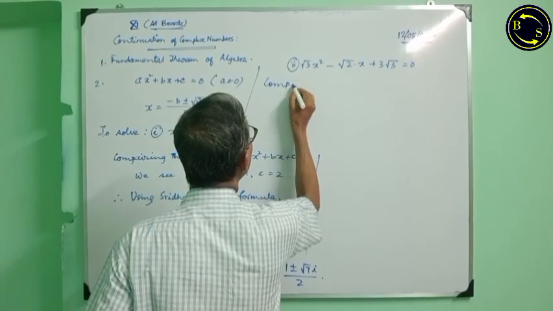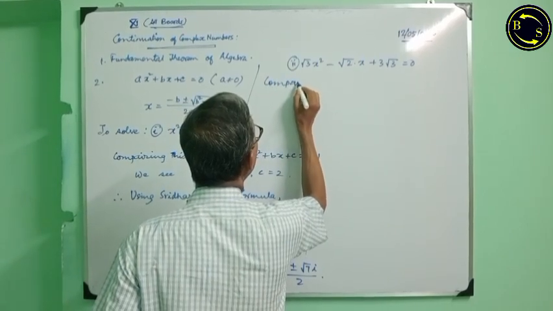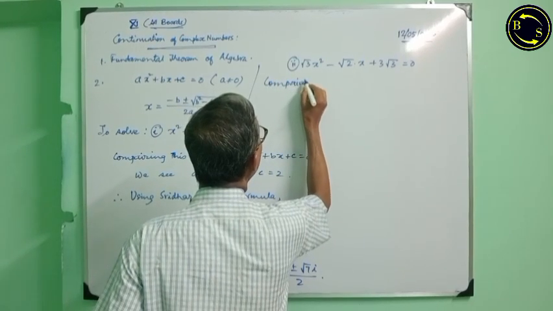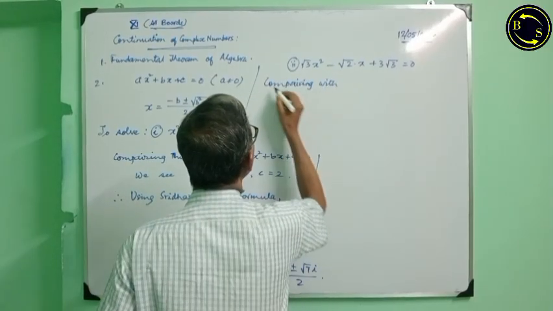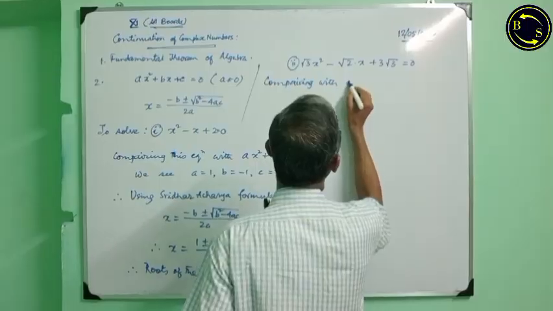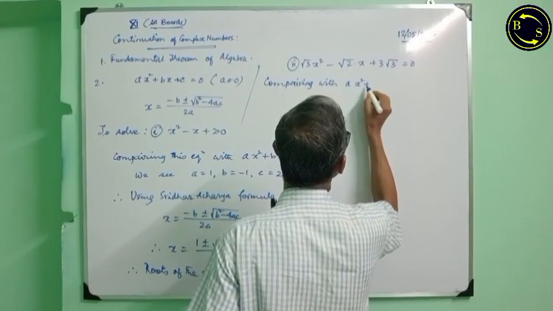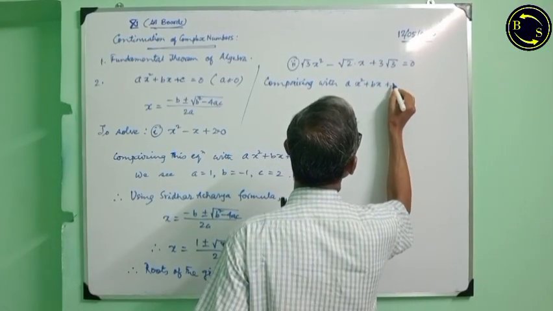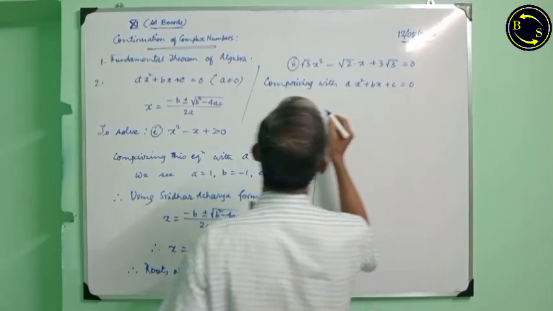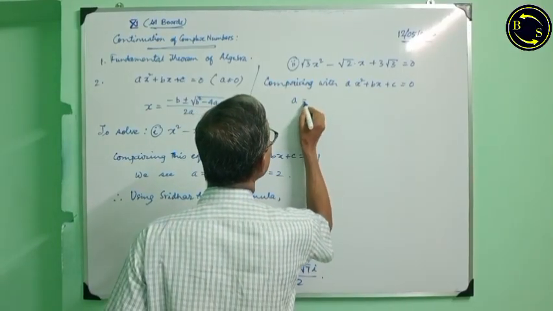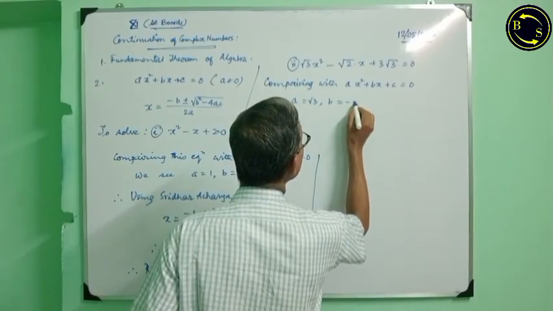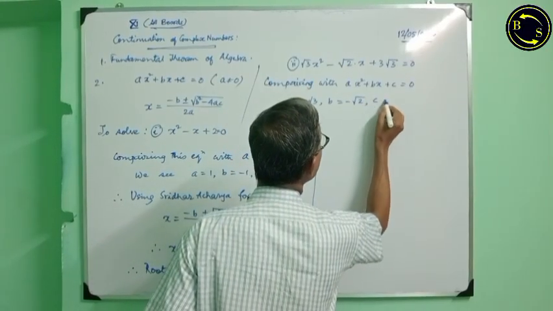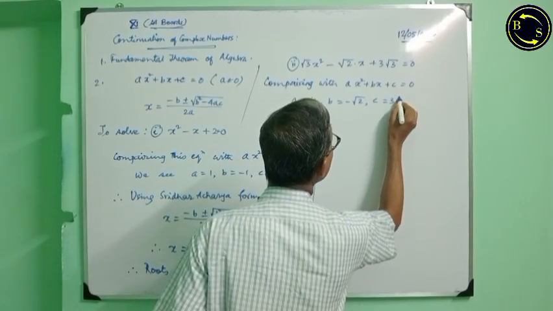First I write, comparing with ax square plus bx plus c is equal to 0, a is equal to root 3, b equal to minus root 2, c equal to 3 root 3.